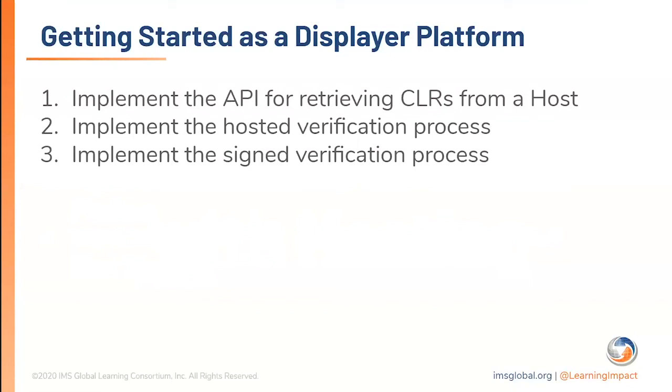So for hosted verification, for example, your platform will need to be able to make that GET request back to the issuer to get the assertion or CLR. And for signed assertions and CLRs, you'll need to implement the code that can take a public key and verify the signature of the signed assertion or CLR.